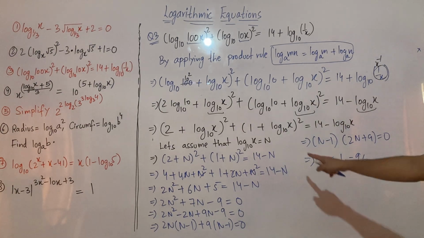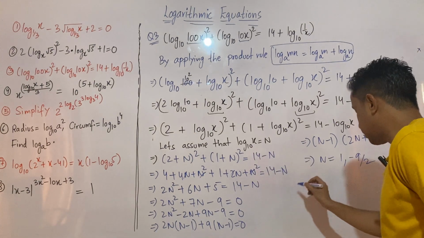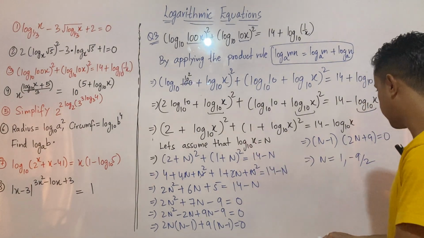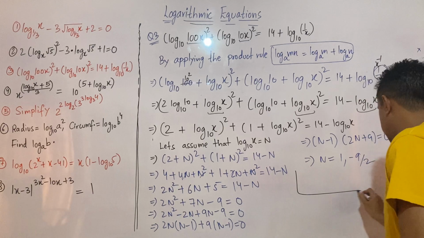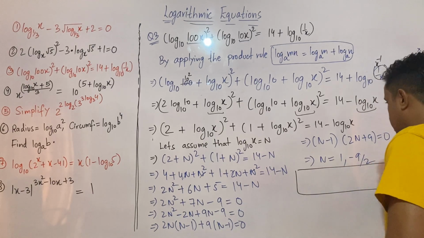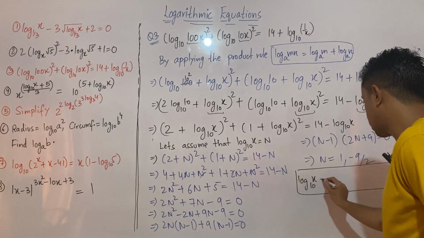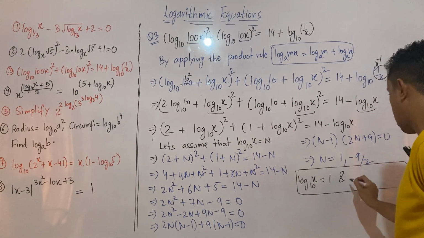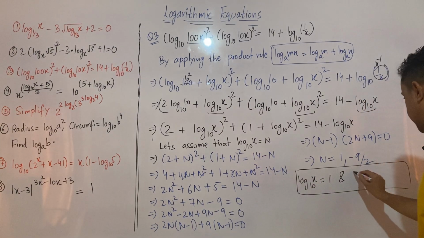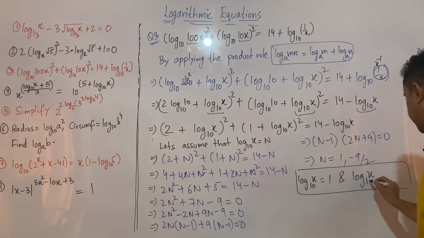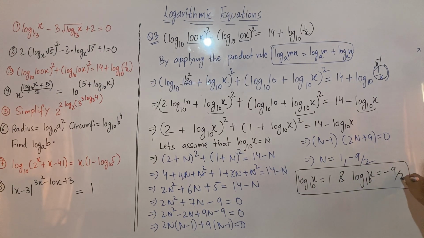And our assumption was, now come to the point, log x to the base 10 is going to be either 1 or minus 9 by 2.